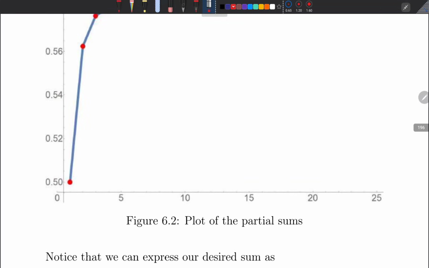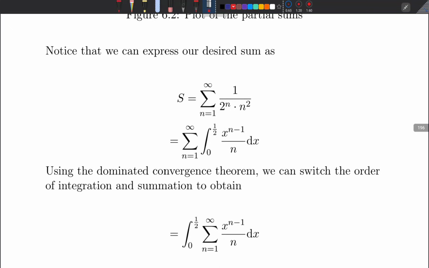Let's take a look at this part as well. So here we are going to invoke some integrals. Either you can solve a sum directly, or you can invoke an integral of your integrand. So this argument can also be written as this integral.